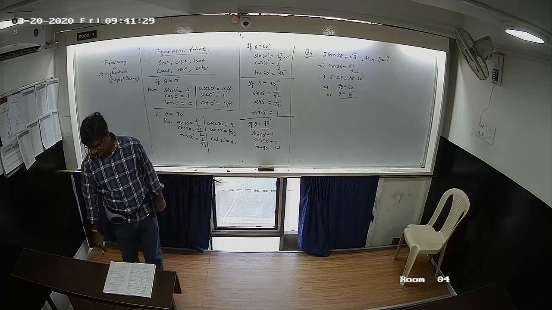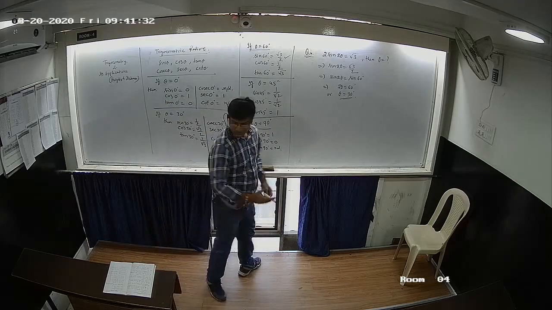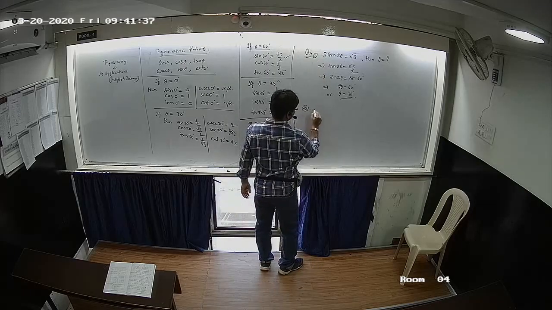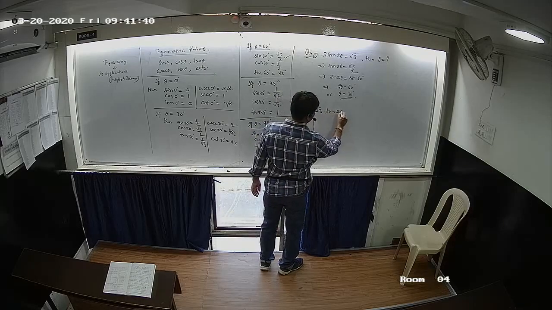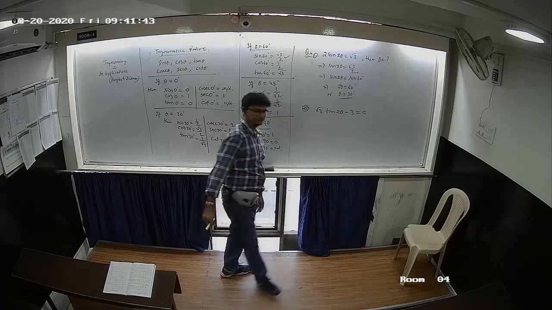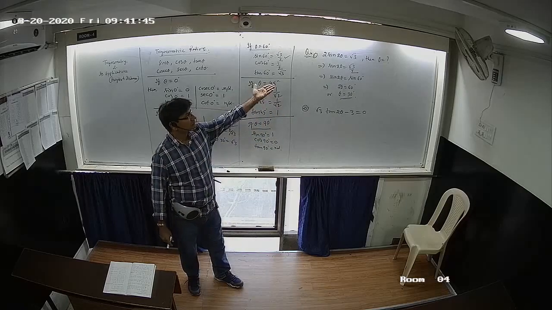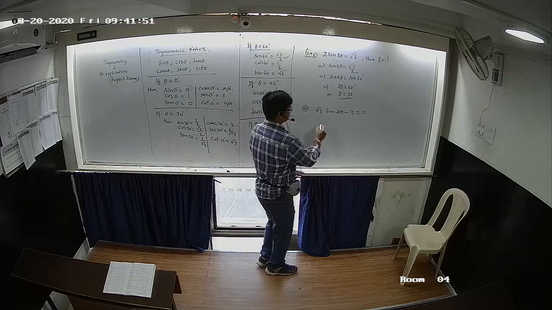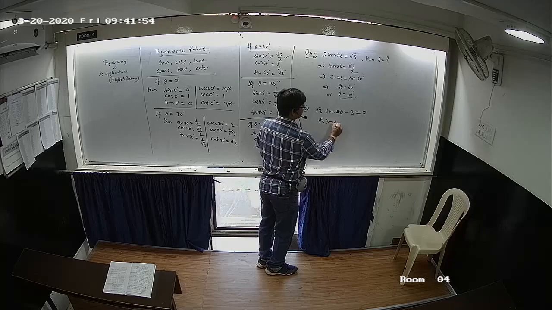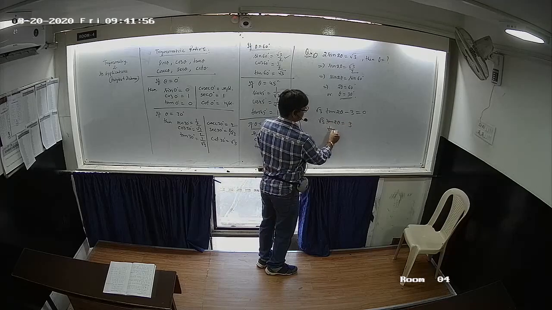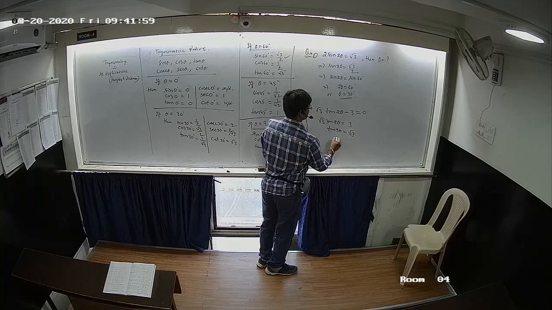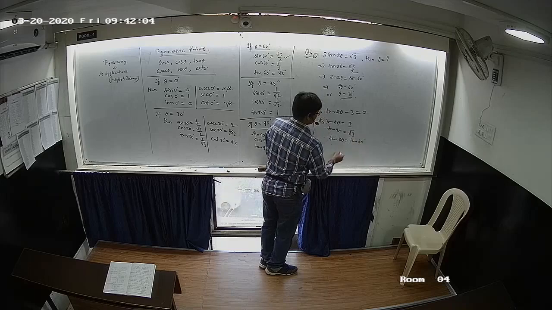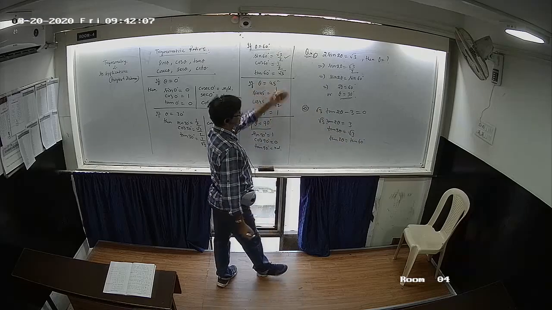In the same way, you can have one more question. Root 3 tan 2 theta minus 3 equal to 0. In the similar manner, you can attempt this question also. So you get root 3 tan 2 theta is equal to 3. Tan 2 theta will be equal to root 3, and then that implies tan 2 theta is equal to tan 60 degree, because tan 60 degree is equal to root 3.